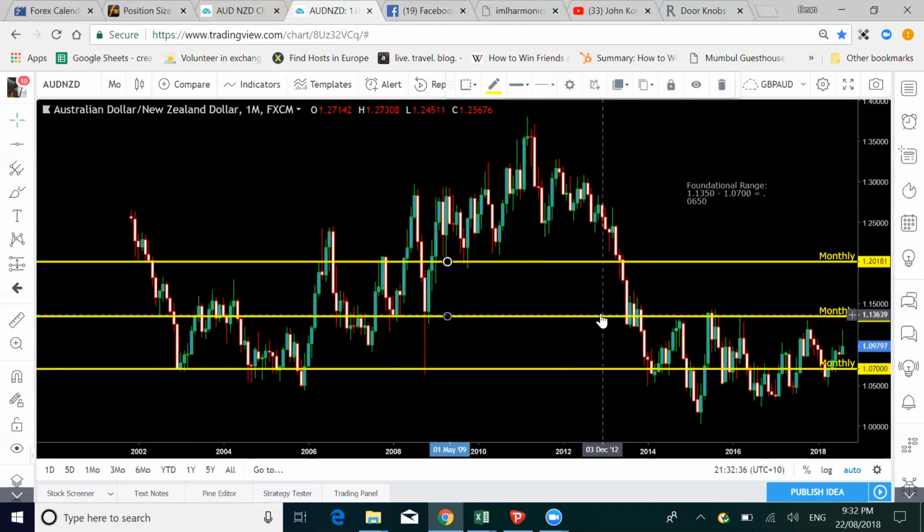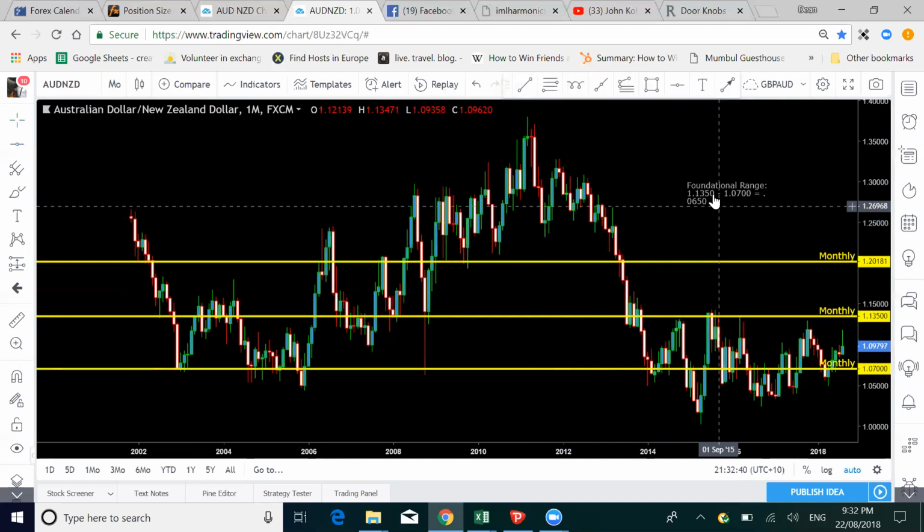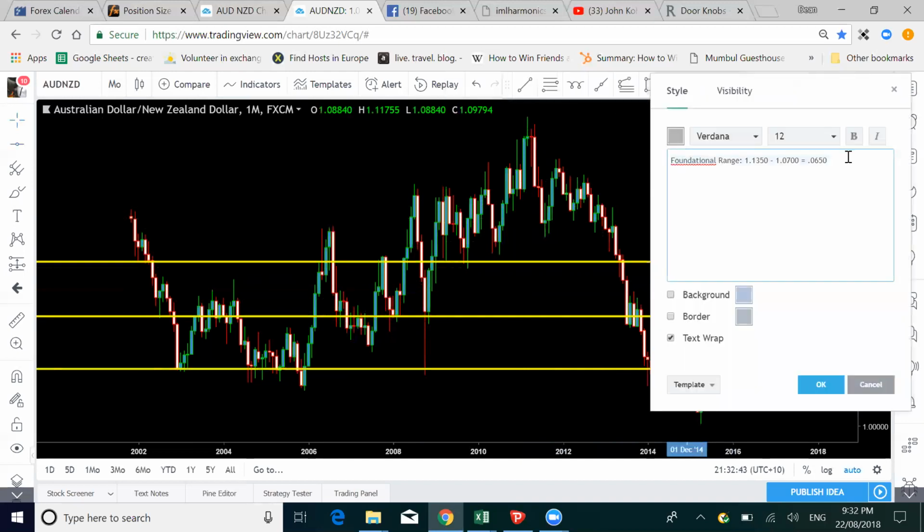So if we take our 1.1350, our next line will be 1.1350 plus 0.065. That means our next support resistance line up, 1.135 plus 0.065, is 1.2. Okay, 1.2000.